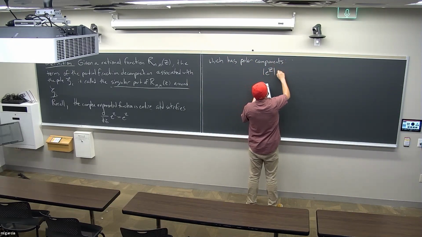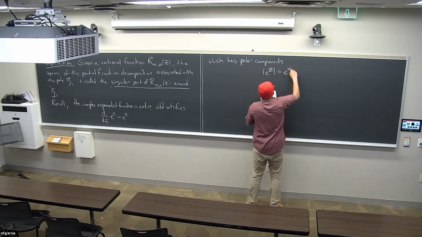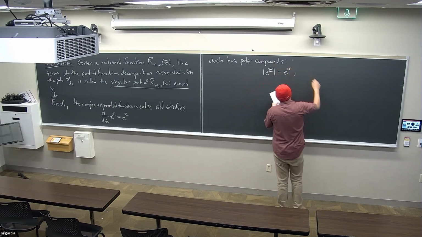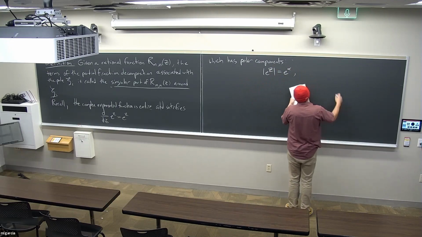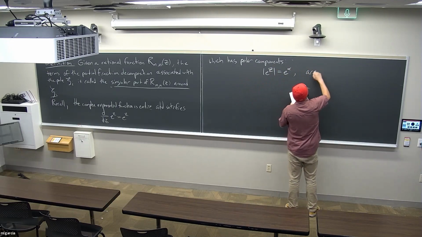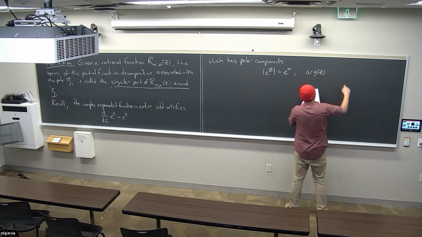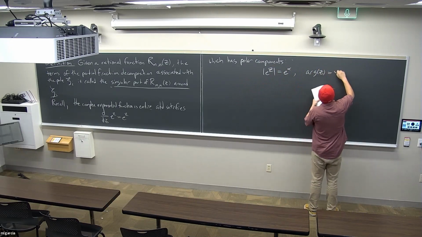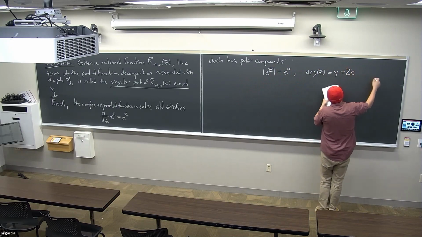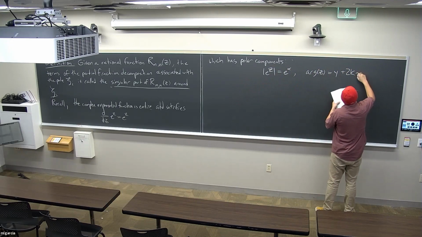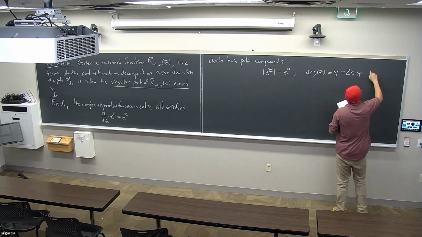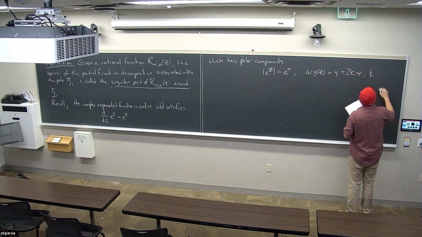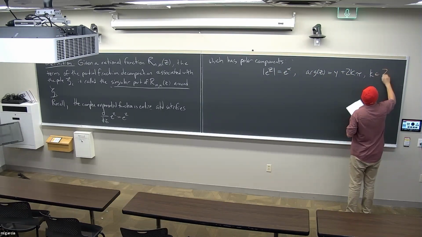The modulus of e to the z is just e to the x, and lowercase arg of e to the z is just y plus 2k pi, where k is an integer.